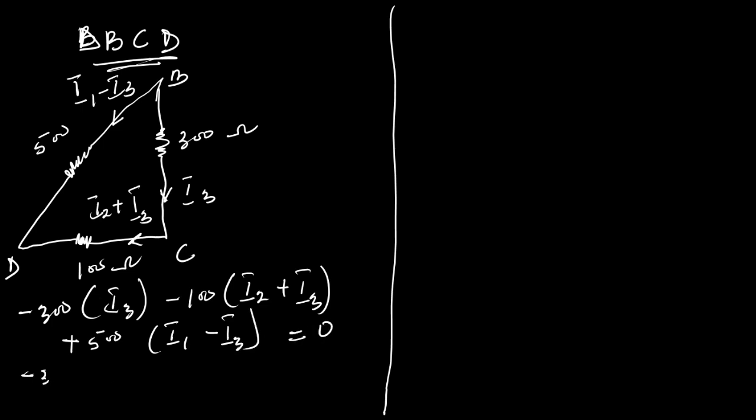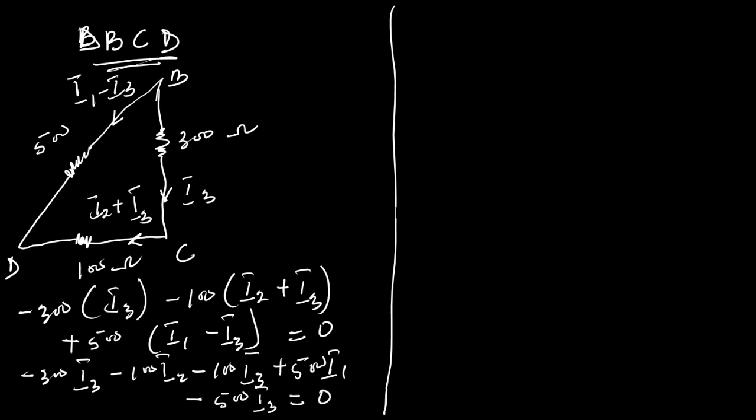So this is minus 300 I3 minus 100 I2 minus 100 I3 plus 500 I1 minus 500 I3 equals 0. Now let's rearrange our equation. I'll have 500 I1.